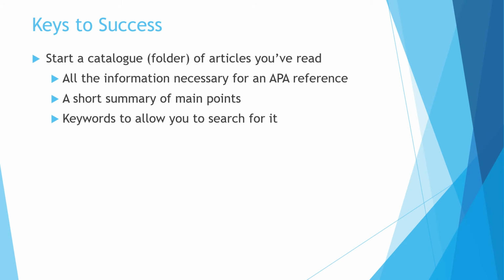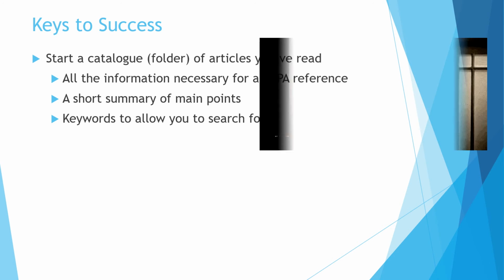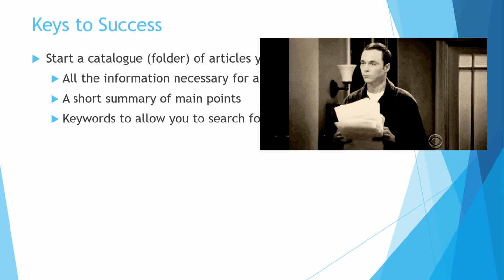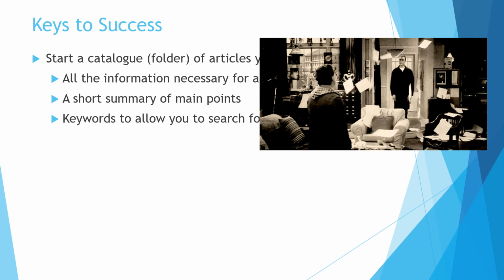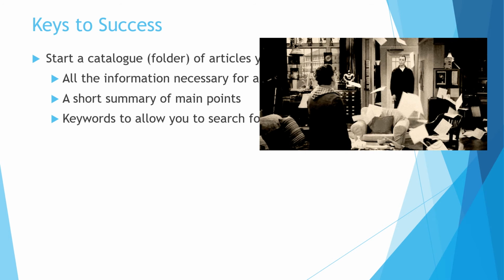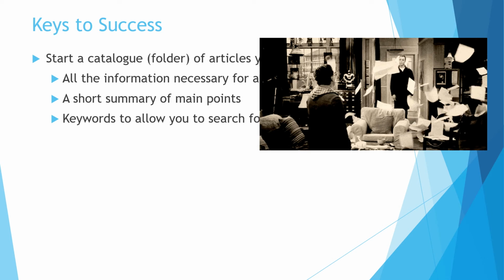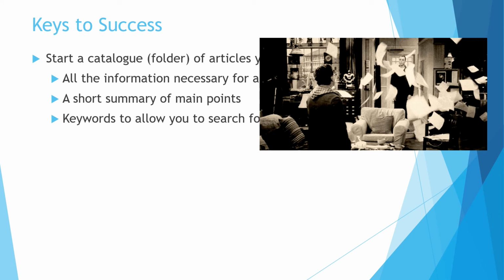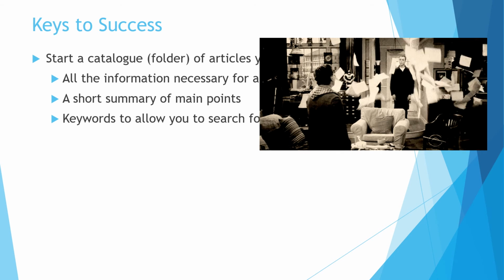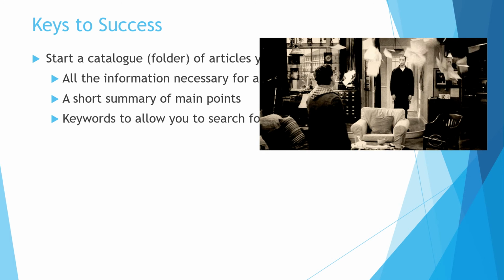Another key to success is these articles provide the resources that you'll be using when you work on your dissertation. So rather than simply throwing them away at the end of the class, you should start some sort of a catalog, some way of storing the APA references and a little bit of information about the article. So when you start thinking about research ideas and you say, well, I remember an article I read in strategic management class that had to do with this particular point, what was that?